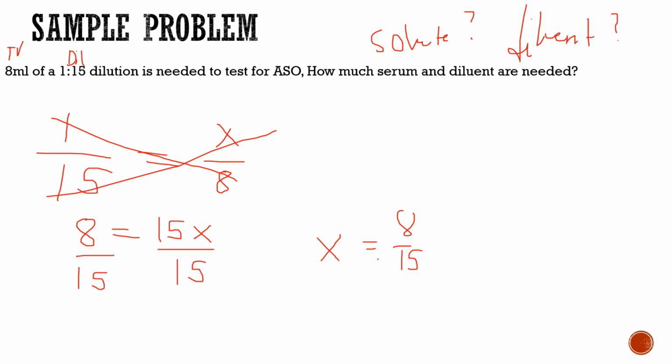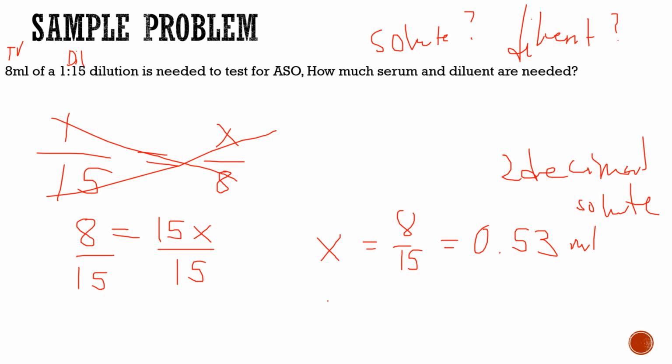And using the calculator, wait lang class, calculate lang ako. 8 divided by 15, you will get 0.53. Lagi tayong 2 decimal places class ha. 0.53 ml. This is the value of your solute.